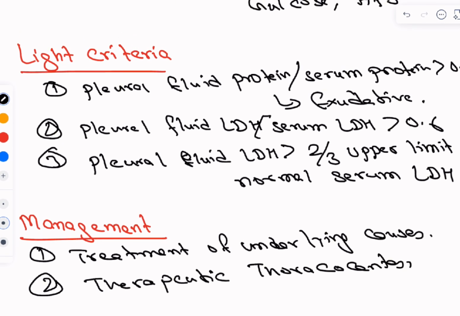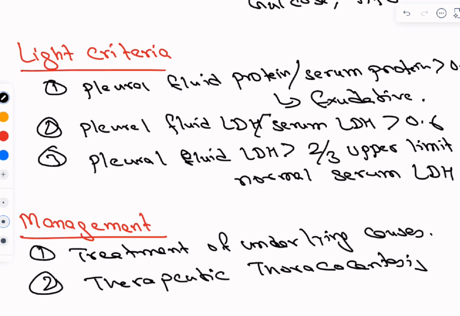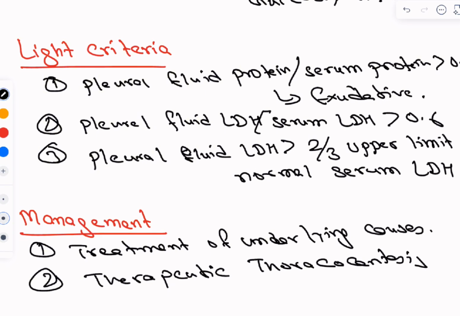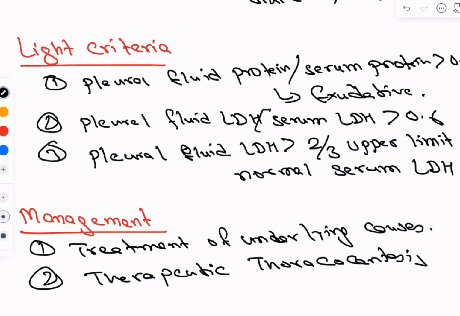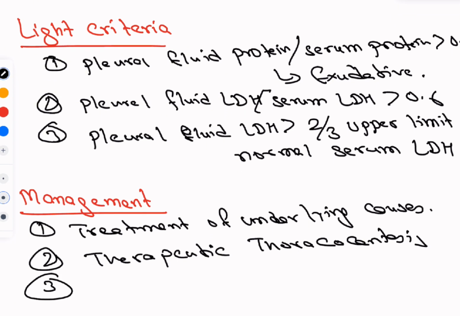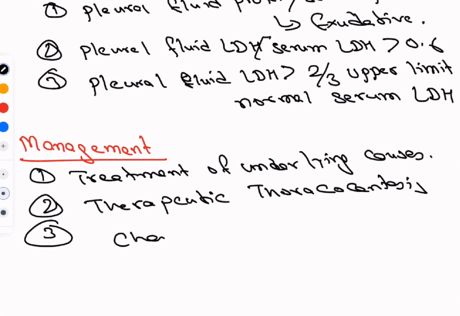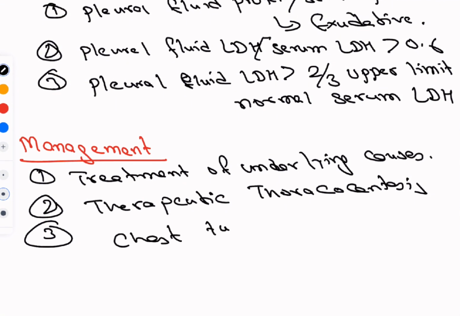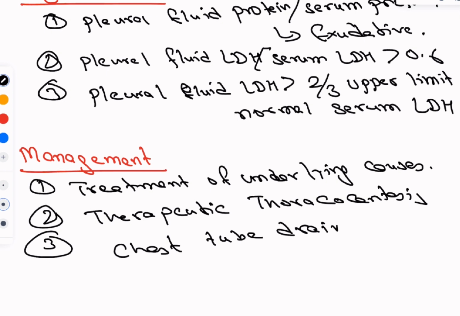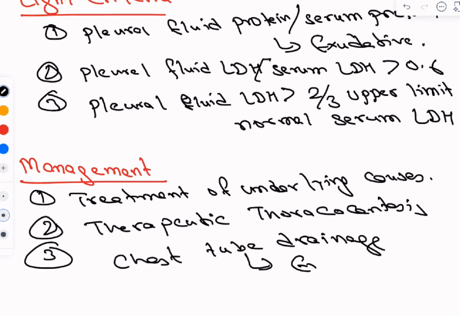If the pleural fluid is high in amount or the patient is symptomatic, we can do therapeutic thoracentesis. Then if there is empyema, we can have chest tube drainage.